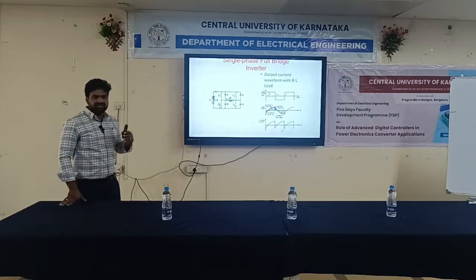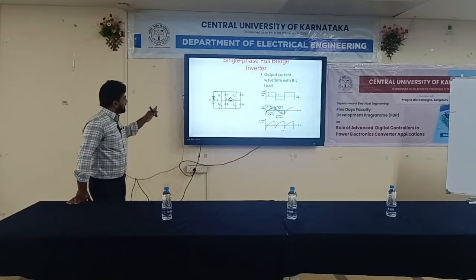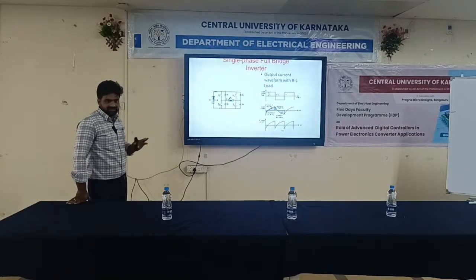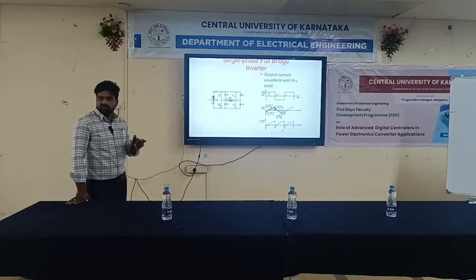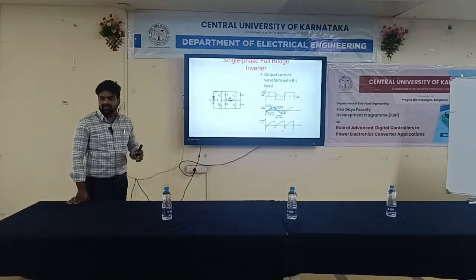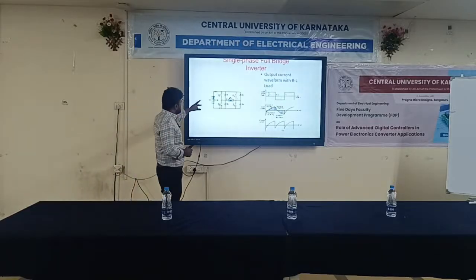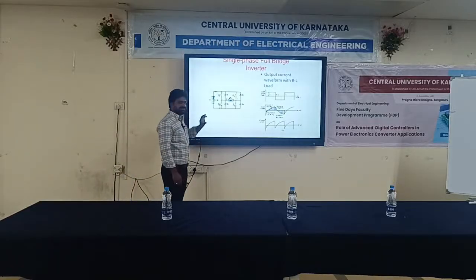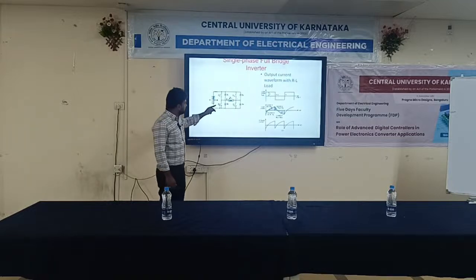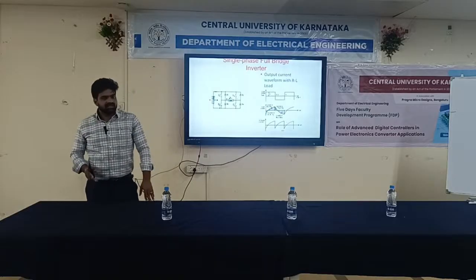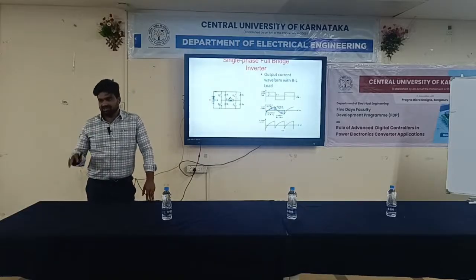Because in theory, you just say that I give a voltage of 100, I give a voltage of 1000, I give a voltage of 2000. But in practice, it is not possible, because every component will have a voltage sustainability range, which we call a rating. So if you keep on increasing this voltage, there will be some level of voltage where your switch cannot tolerate the maximum peak inverse voltage and the switch will be damaged.